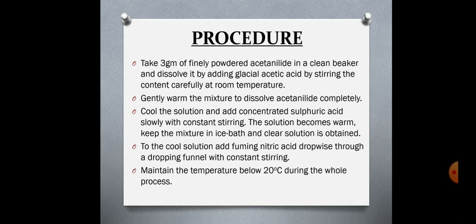To cool the solution, add fuming nitric acid dropwise through a dropping funnel with constant stirring. Maintain the temperature below 20 degrees Celsius during the whole process. If you are performing in the winter, there is no need to put it in an ice bath.